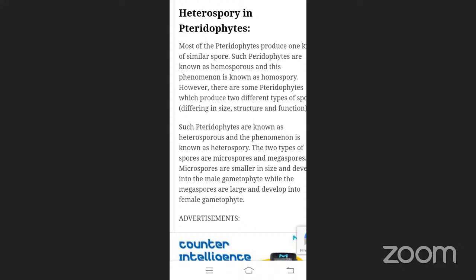Similarly, in Marsilea, the effect of nutrition was investigated by Shattuck in 1910. The temperature was lowered by sprinkling cold water spray on the Marsilea, and all the megaspores were found to grow under the favorable conditions.